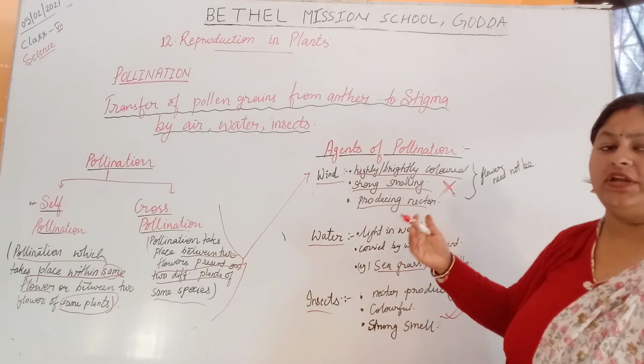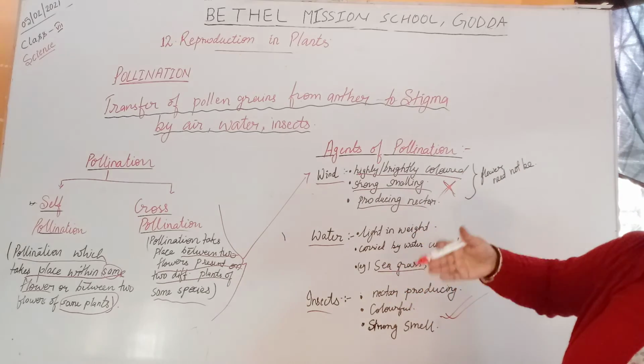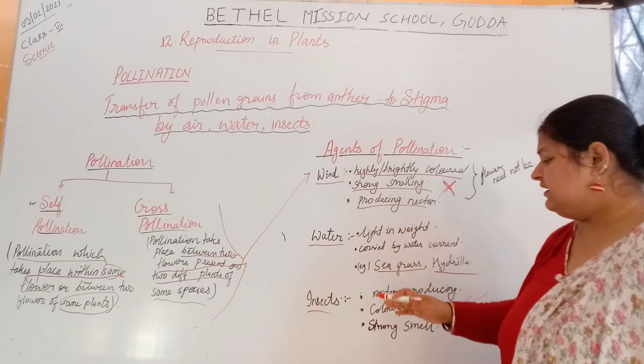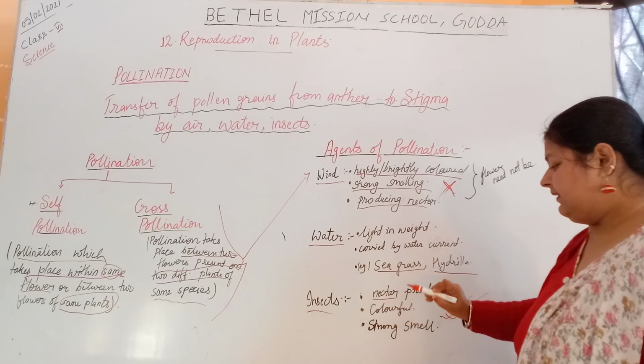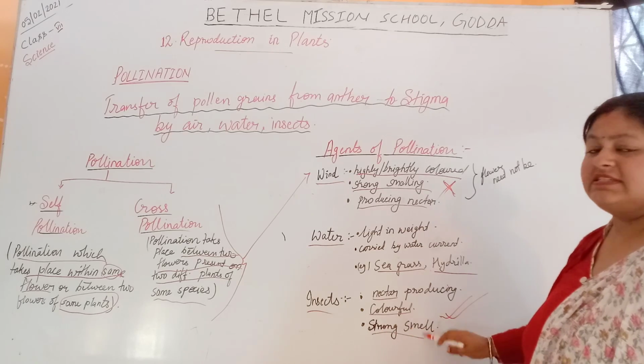That plant gets pollinated. A plant that is insect pollinated is required to have nectar, colorful appearance and strong smell.